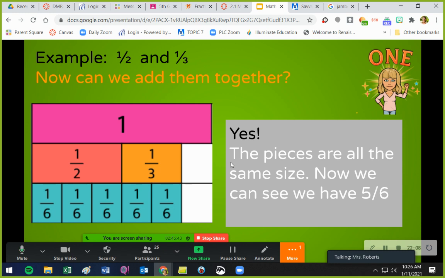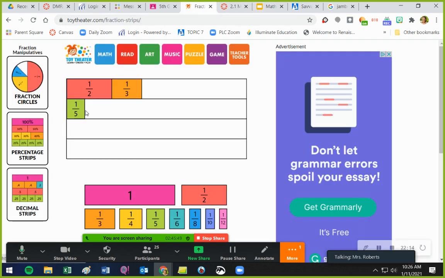Somebody said we could not add them together yet, so let me back up and make this make sense. Before, I could not say that 1/2 plus 1/3 equals 1/5. You have to imagine that we're adding these together.